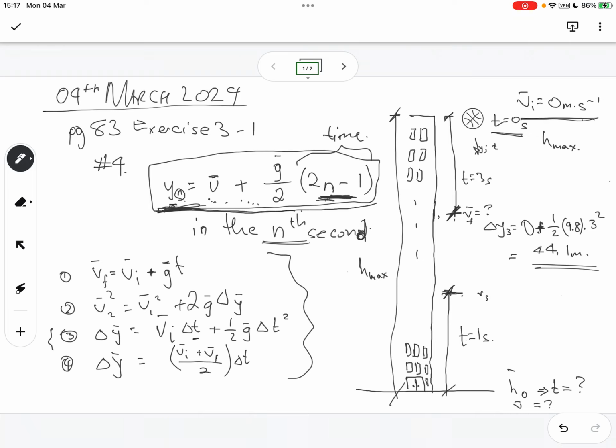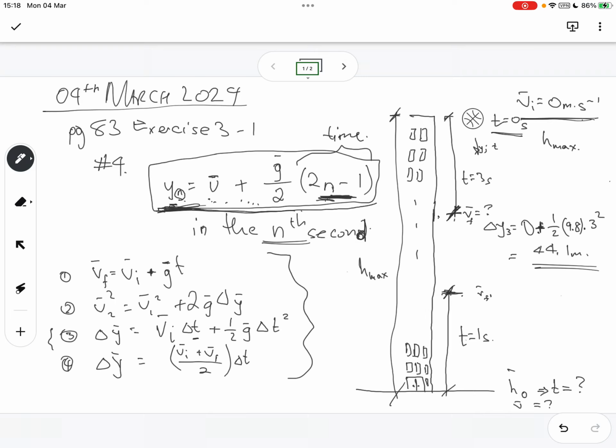But I think if we can find out the velocity here, then it can be an initial velocity between there and there, but we still wouldn't know what that v is. But if we try and find that velocity there, also we can use an equation.